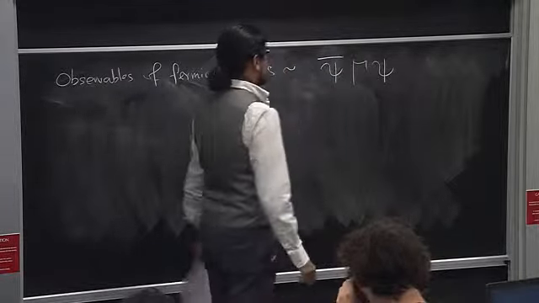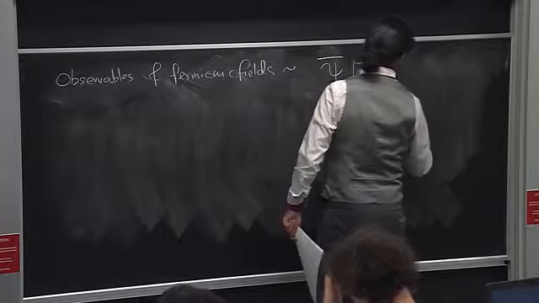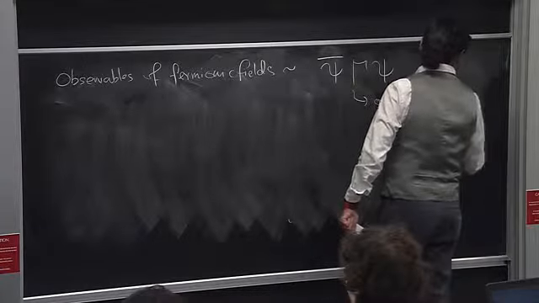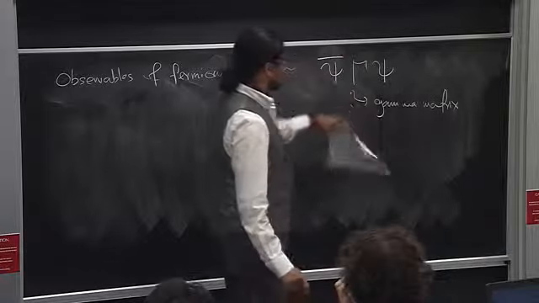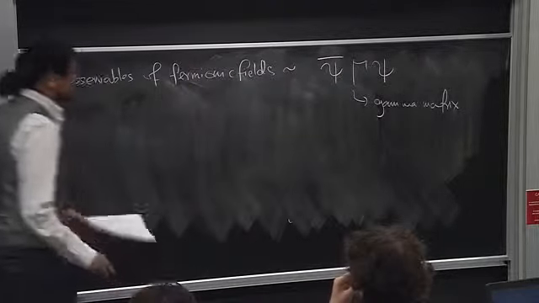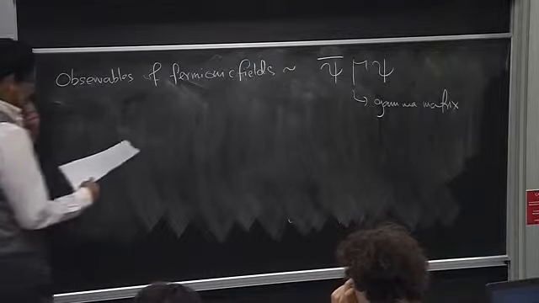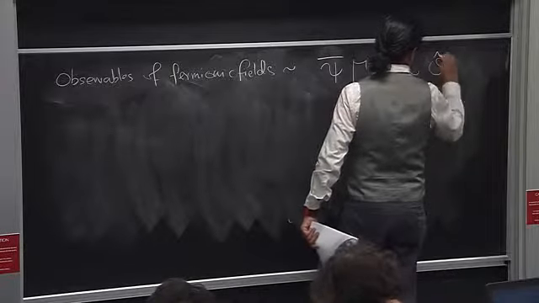So there'll be a psi and psi bar and some gamma matrix object. This could be gamma 5, it could be gamma mu, it could be an antisymmetric combination of gamma, but that's the generic form that they will have. So this would be the form of our observable in a fermionic theory.